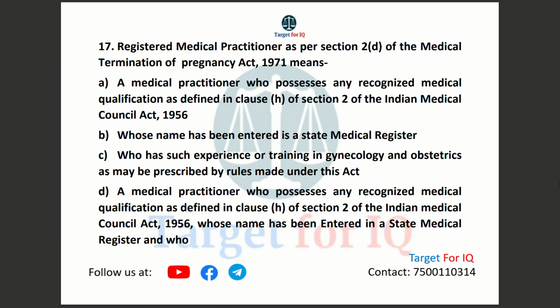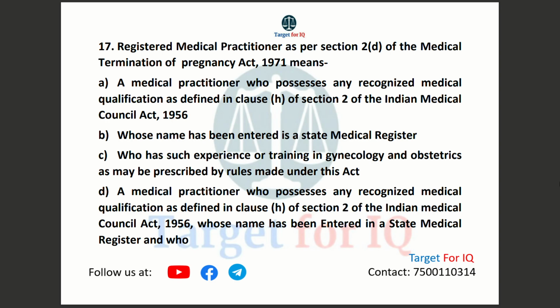Question number 17. Registered Medical Practitioner as per section 2D of Medical Termination of Pregnancy Act 1971 means option A, a medical practitioner who possesses any recognized medical qualification as defined in clause H of section 2 of Indian Medical Council Act 1956. Option B, whose name has been entered in state medical register. Option C, who has such experience or training in gynecology or obstetrics as may be prescribed by rules made under this act.